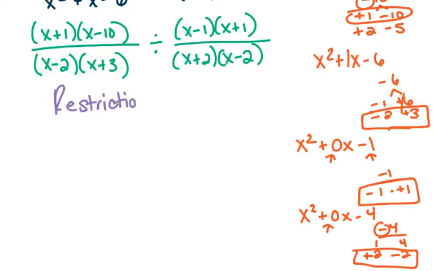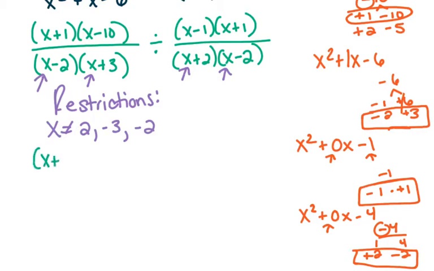So my restrictions are that x cannot equal positive 2, negative 3, negative 2, and then positive 2 again. So if I already listed it once, I don't have to list it another time. Now I'm going to keep, change, flip.